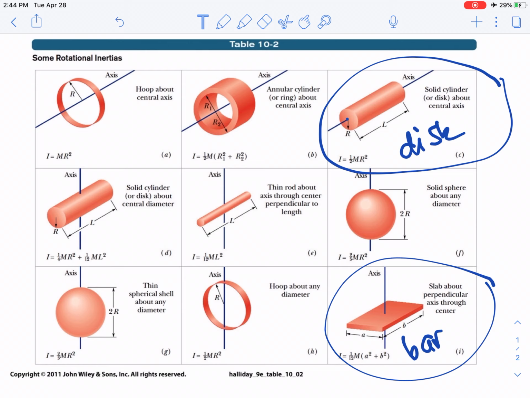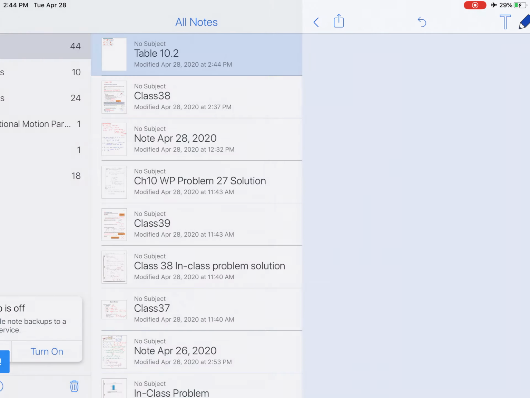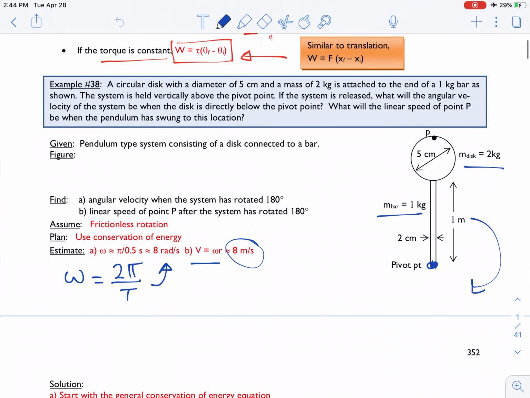I hope that's clear, because they're giving us a thickness, and if you choose this one here, that doesn't have any thickness related, so I'm not going to choose that one. Instead, I'm going to use the part I, which is for the slab. It's similar to the bar, okay?